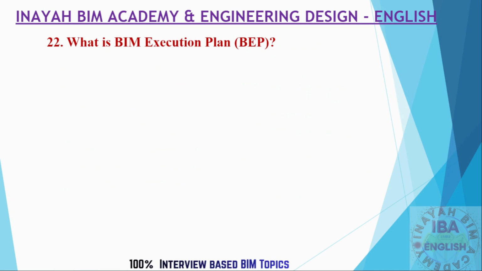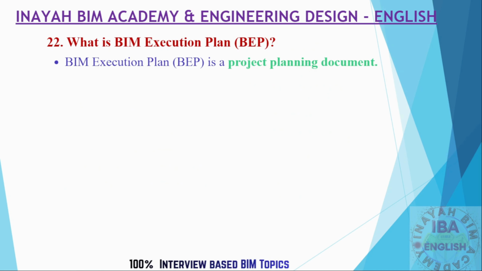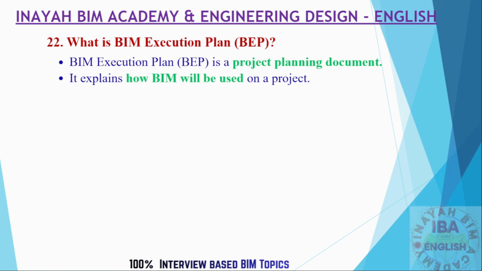And what is a BIM execution plan? This is also very important. A BIM execution plan is actually a project planning document. In this document, it explains how BIM will be used on a project. Suppose you are working on a project, what are the standards we have to follow? Everything is documented in this project planning document.